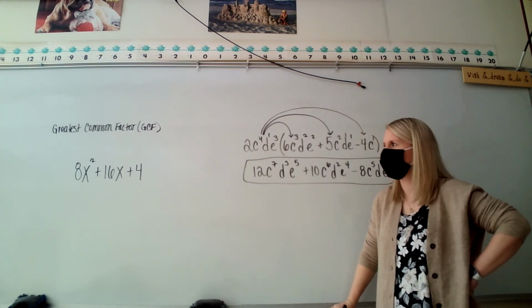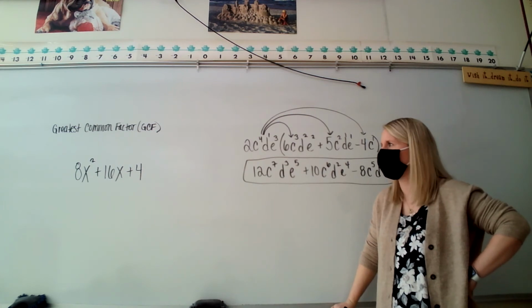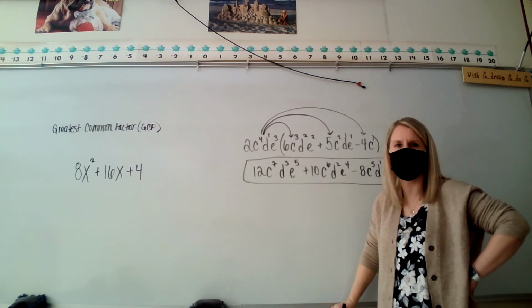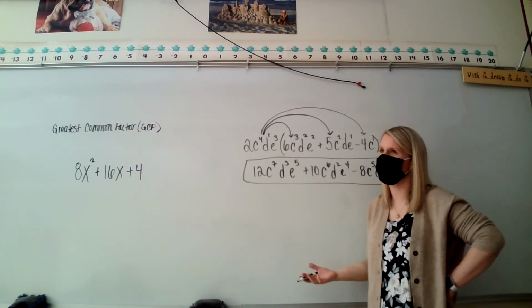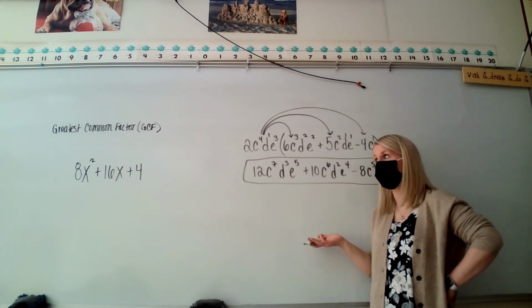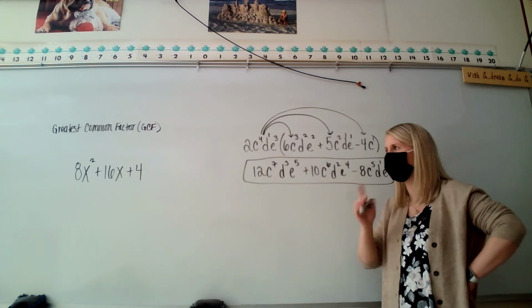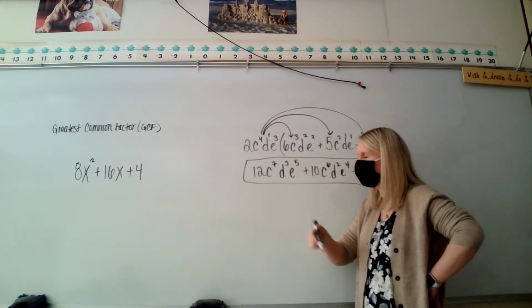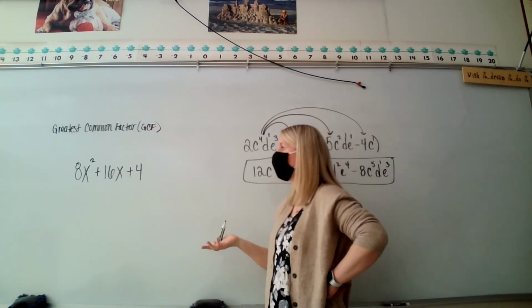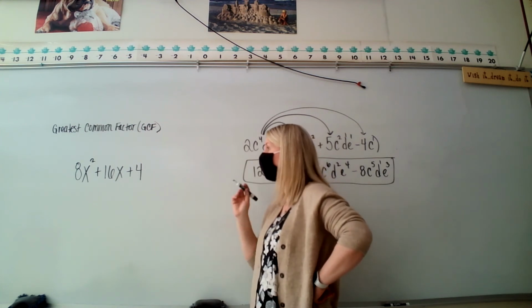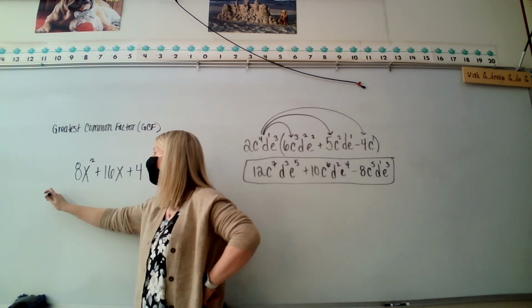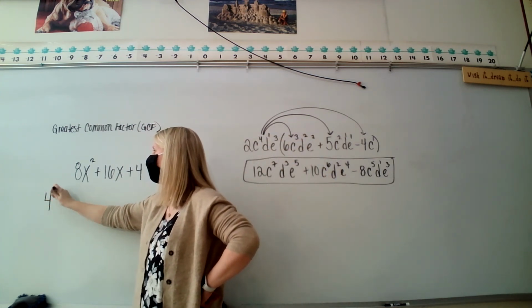So what's the greatest number that those are all divisible by? What would it be? 4. So you could be like, oh, well, they have a 2 in common. And you're right, they are all divisible by 2, but it has to be the highest number that they're divisible by. So that's the point of saying the greatest part. So we would just say to ourselves, what are these all divisible by? They're all divisible by 4. That's the highest number. So you write that GCF on the outside.